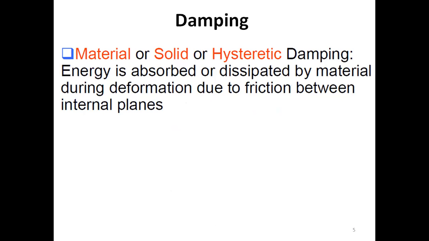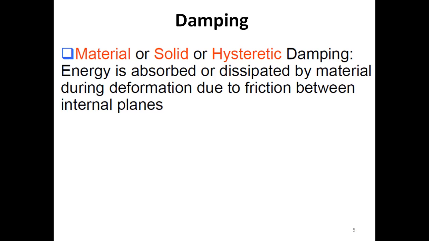Material or solid or static damping: energy is absorbed or dissipated by the material during deformation due to friction between internal planes. As we discussed before, during vibration the material moves and deforms, so the internal planes which are adjacent to each other move relative to each other.